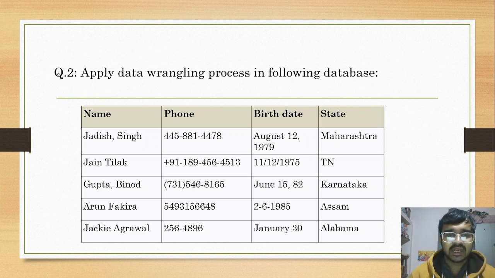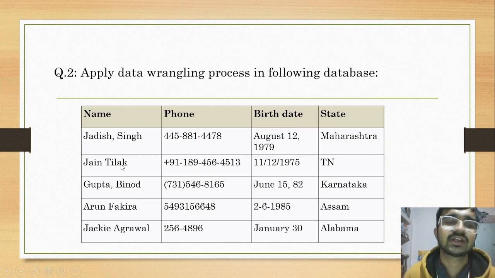Apply the data wrangling process on the following database. So we have been given again a database and we have to perform data wrangling. We can clearly see that in this database the naming convention is disturbed. Here someone is using a comma after the name, and here someone is putting their surname before their name.